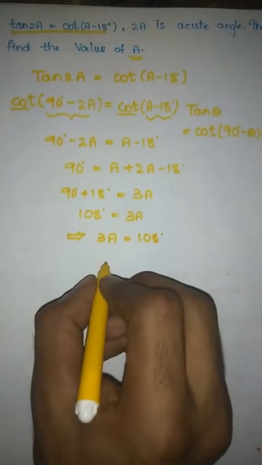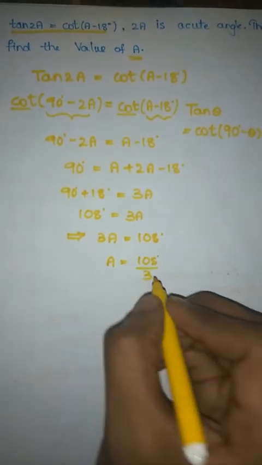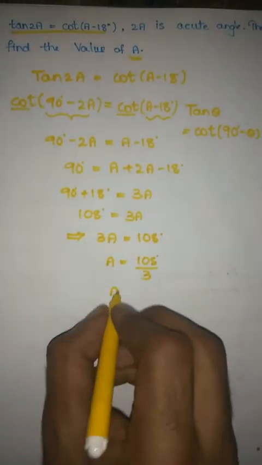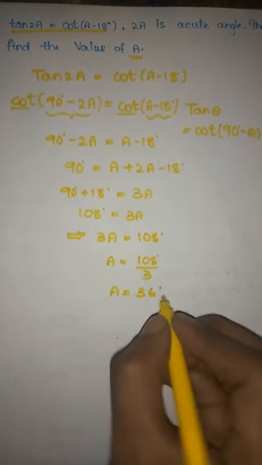So a is equal to 108 degrees by 3, which is 36 degrees.